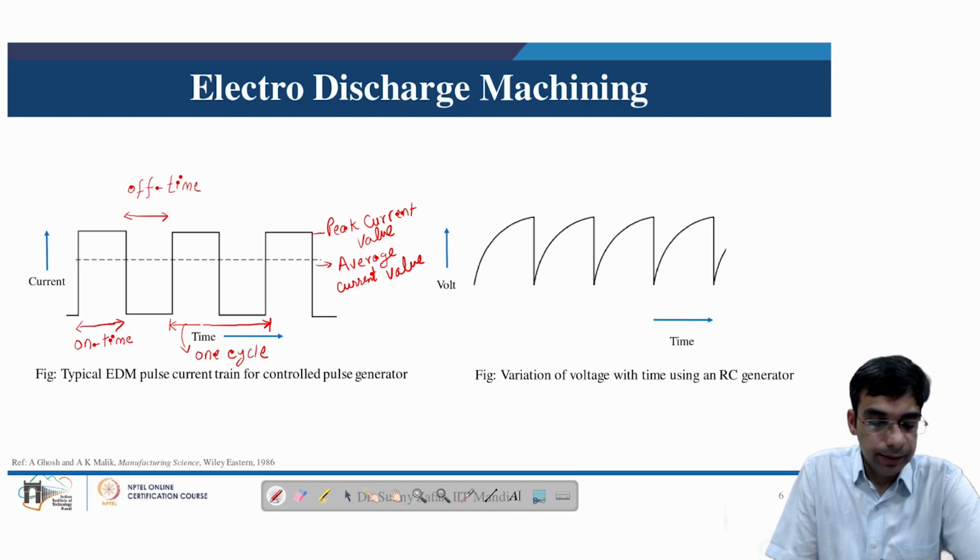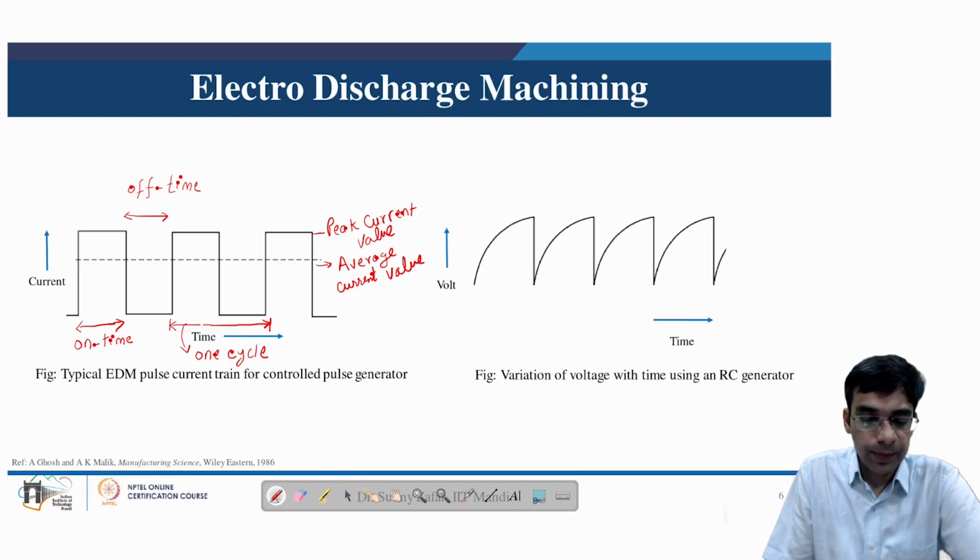By changing the on and off time duration, or changing the peak current value, or by playing around with these parameters, we can change the machining characteristics of the electro discharge machining process.